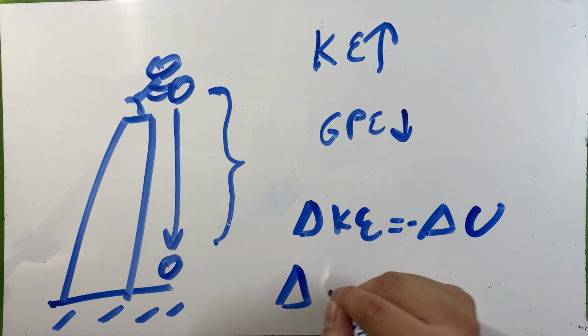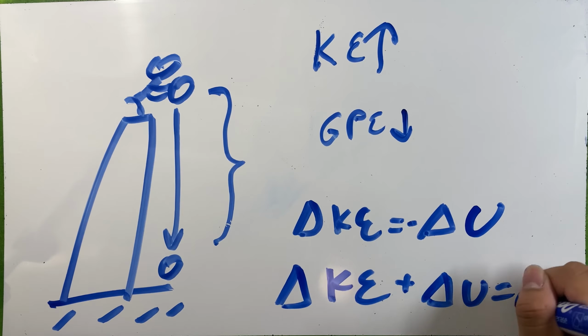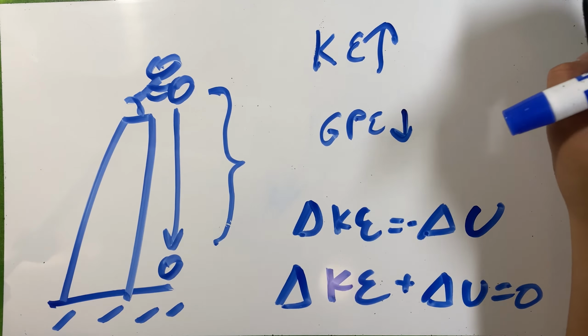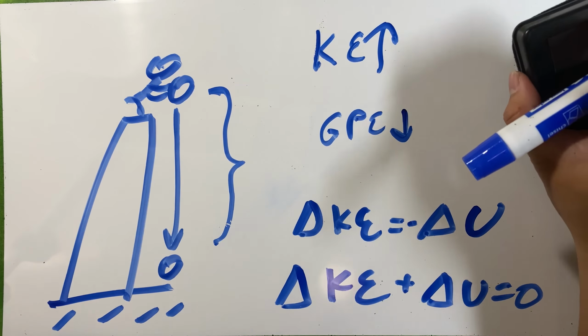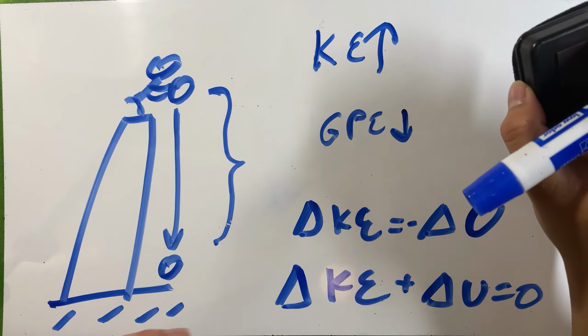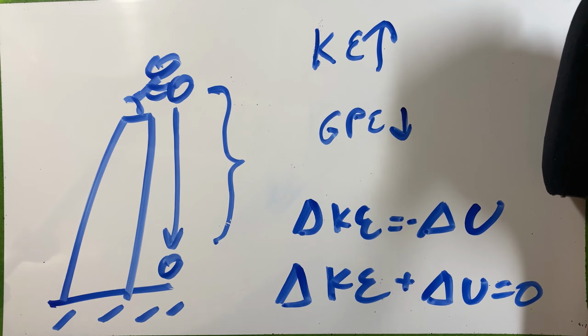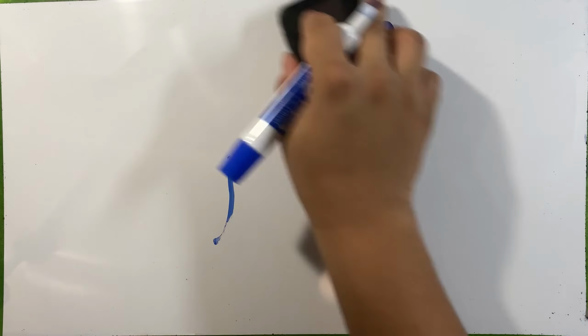So in other words, the change in kinetic energy plus the change in potential energy is equal to 0. This is only for an isolated system. So no energy is flowing in, no energy is flowing out, no mass is flowing in, no mass is flowing out. So if that's true, that means everything is self-contained. Energy cannot be created or destroyed. Voila. The energy inside the system has to be the same.